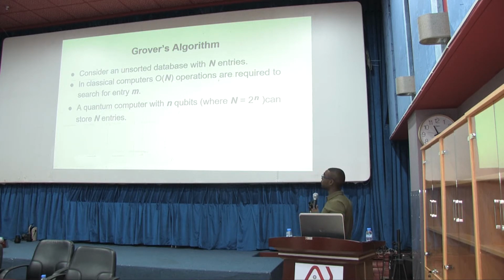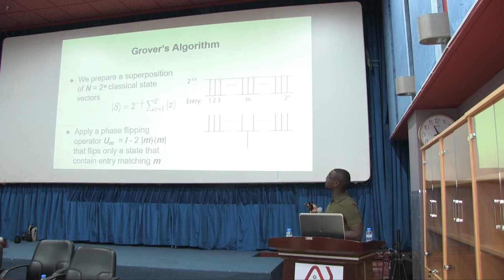A quantum computer with n qubits can store 2 to the power n entries, and it can retrieve an entry in fewer operations. As you will see later on, it can retrieve an entry from the database in a square root of n operations, which is very efficient compared to classical computers.